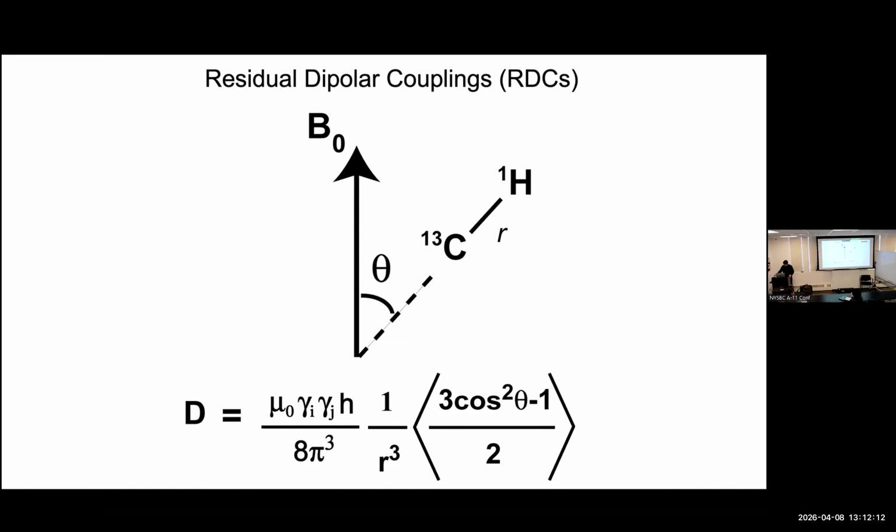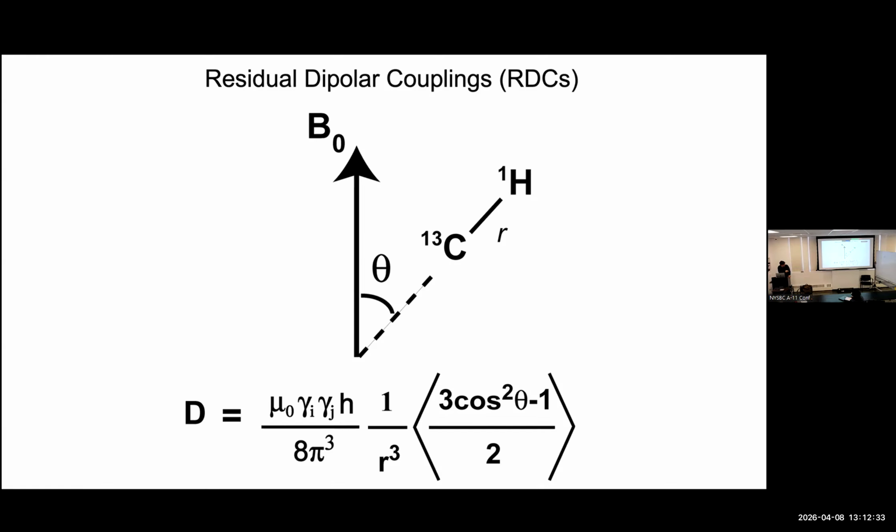Okay, so residual dipolar couplings originate from the dipole interaction in the Hamiltonian. I'm showing you here a bond vector in a molecule, a carbon-proton bond. This bond vector lives in a molecule somewhere, and this sample is inside a magnetic field.